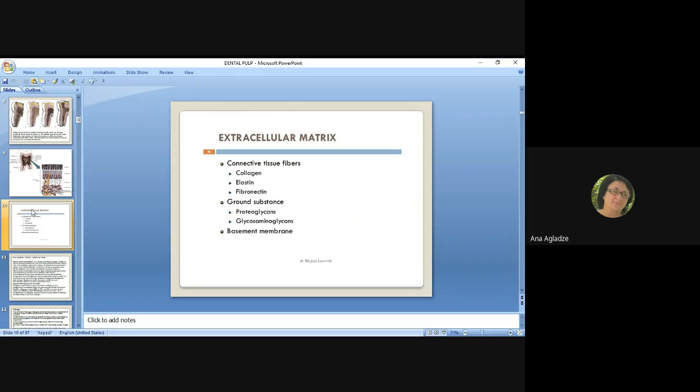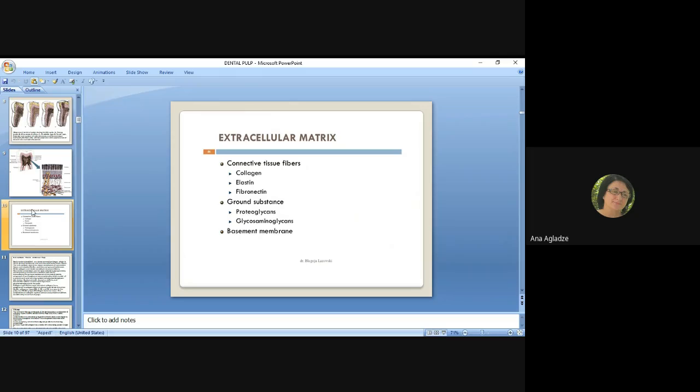The proportion of type 3 collagen is high, as we know, about 40% of the total collagen content. This high proportion is responsible for the elasticity of pulp tissue. Though the individual collagen fiber is not elastic, a network of collagen fibers forms a mesh that as a whole exhibits elastic characteristics.